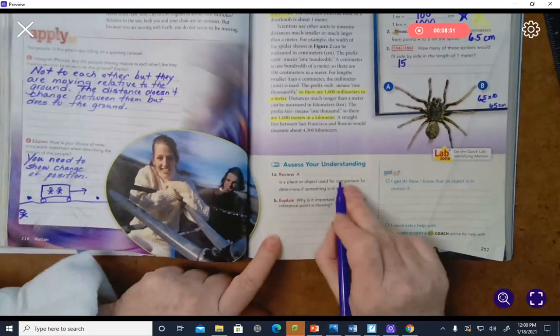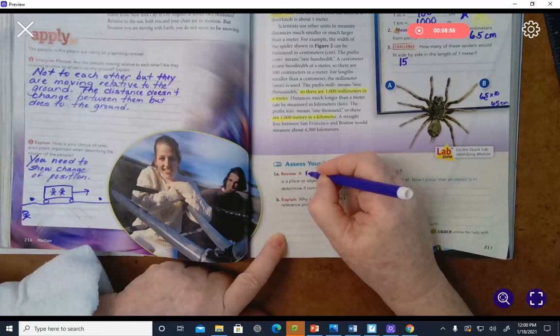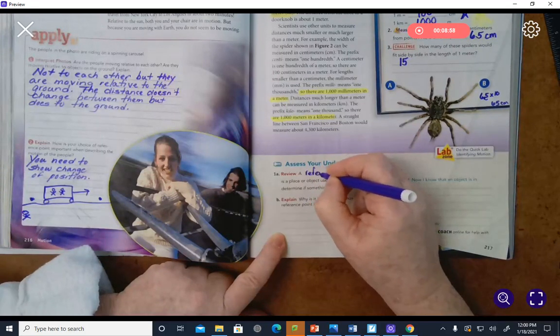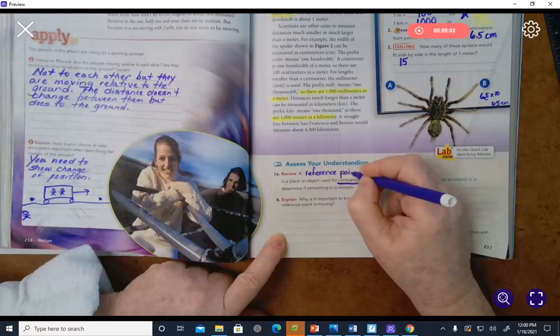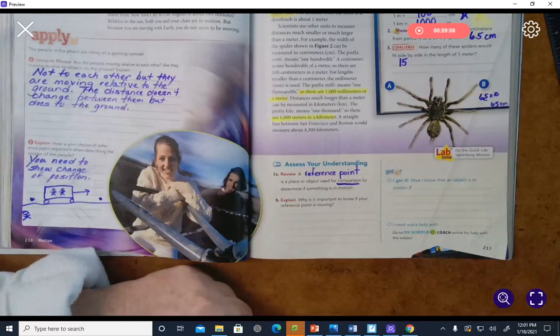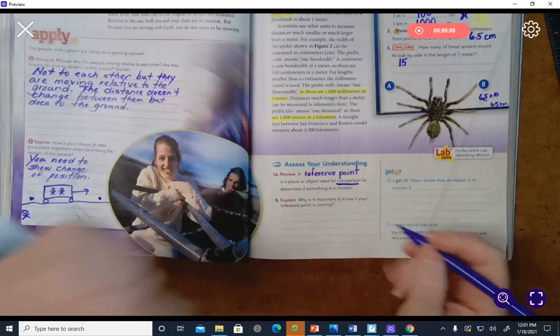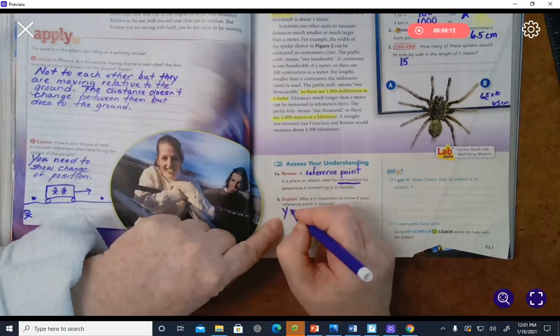So a blank is a place used for comparison. So I need a reference point. Why is it important to know if your reference point is moving? You won't know you're moving.